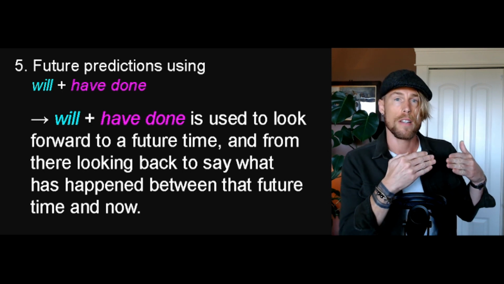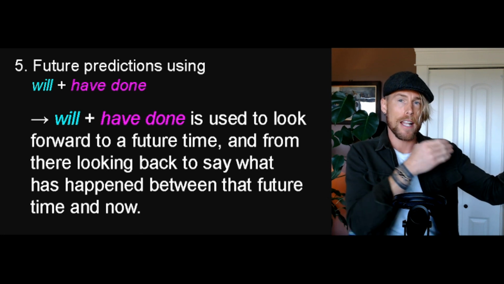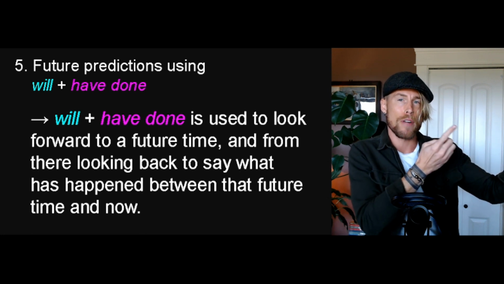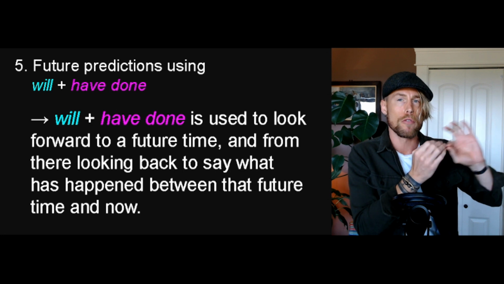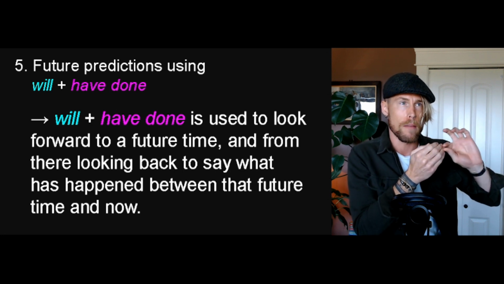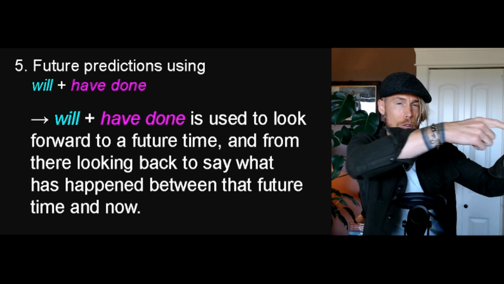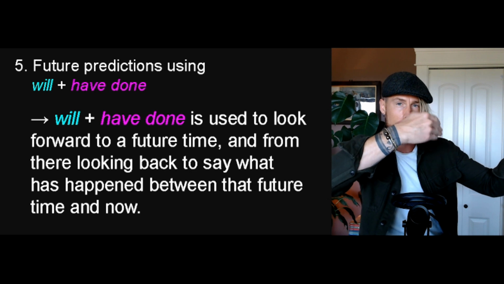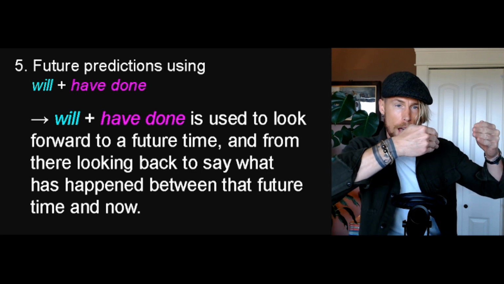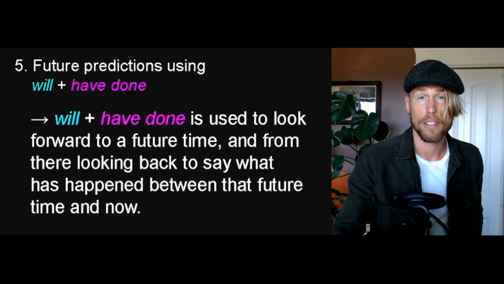So it's a future and a present perfect together. It's like a future present perfect. You're imagining the future and then you look back from now until the future time. Confusing, I know.